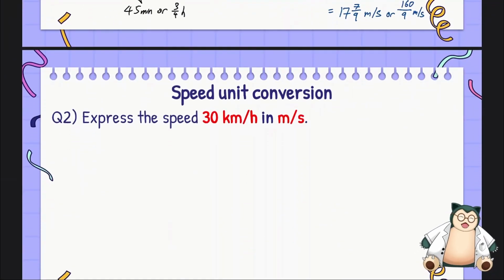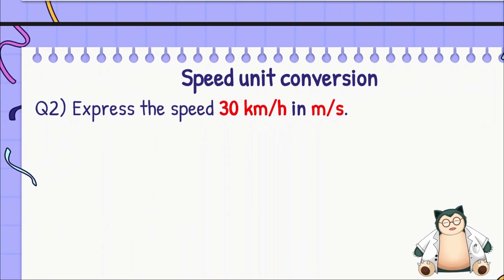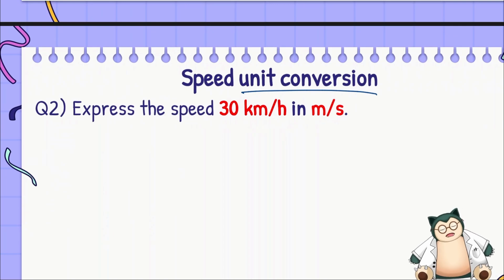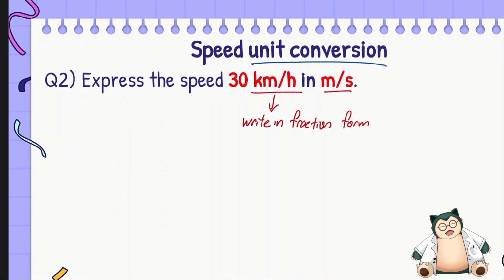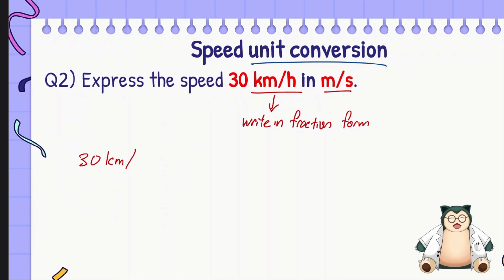Now, how do we convert 30 km per hour to meter per second? Wherever you are converting units, we have kilometer per hour, meter per second, in fraction form. So what do I mean by that? We know that 30 kilometer per hour is actually a rate.